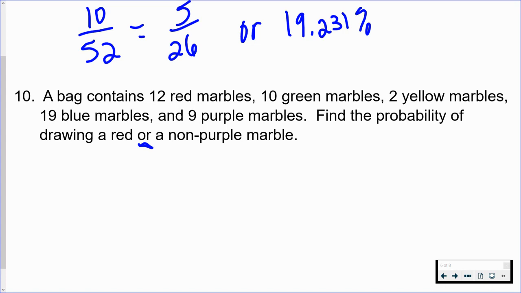So this is kind of a simplistic version so that we can go through when to use that equation. Probability of A or B. This time we're talking about probability of red or non-purple.